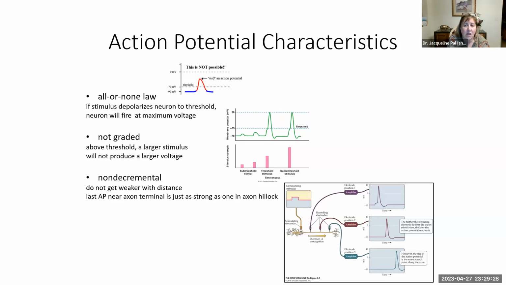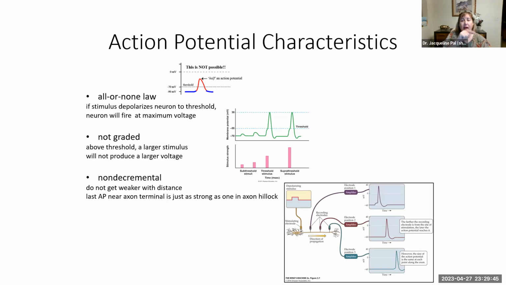As opposed to what we talked about with the local graded potential, action potentials do not get weaker over time. They do not get weaker the further away they are from the gates. So they are called non-decremental.